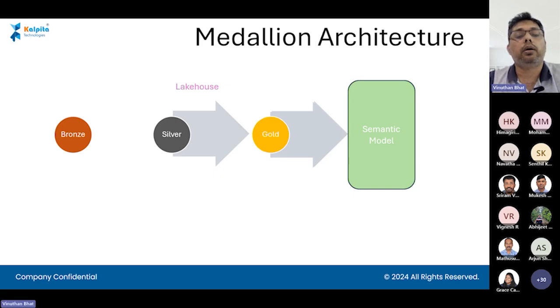But at this point, when we see that there are three layers: bronze, silver, gold, there is a common question that can arise in our mind, especially if people have worked in data engineering.